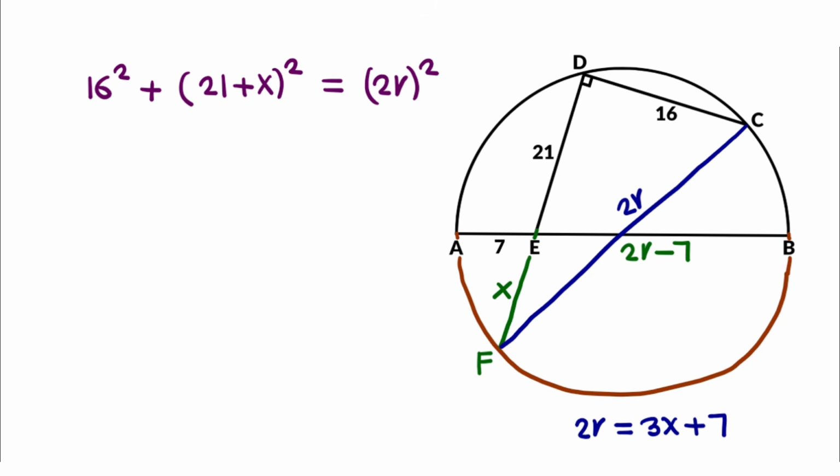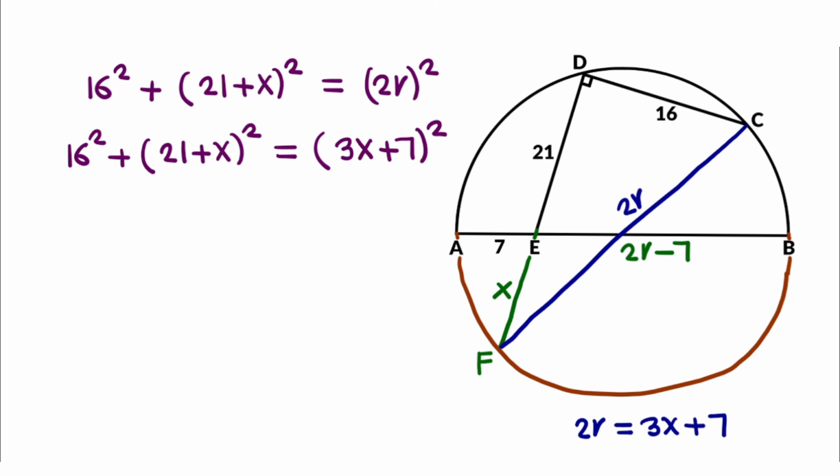But wait, we already know that 2r equals 3x plus 7, so let's substitute that. Our equation becomes 16 squared plus the quantity 21 plus x squared equals the quantity 3x plus 7 squared.